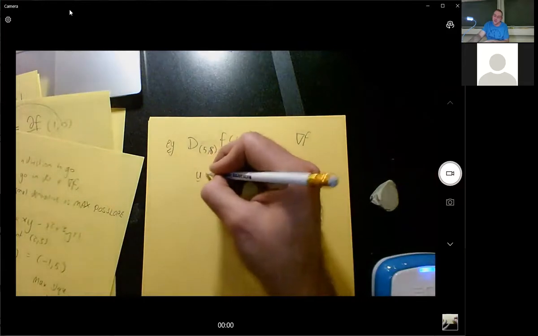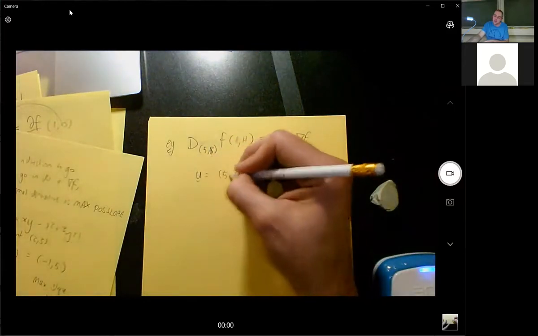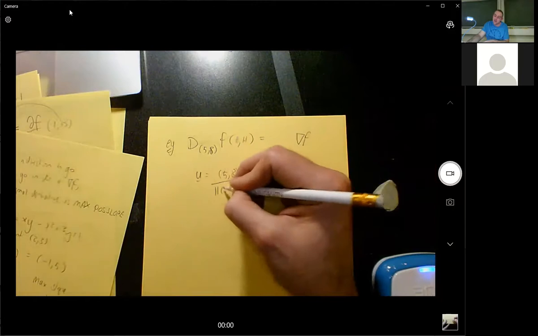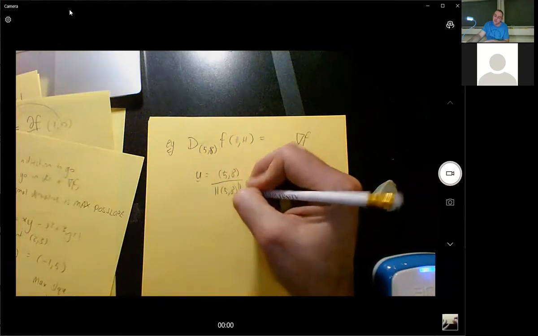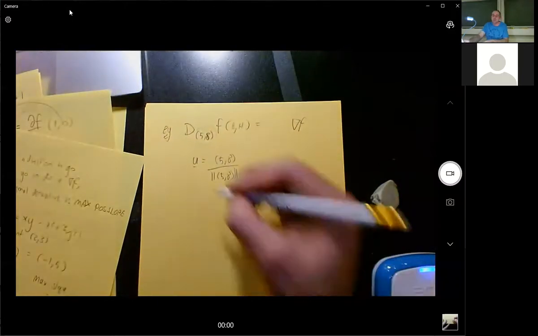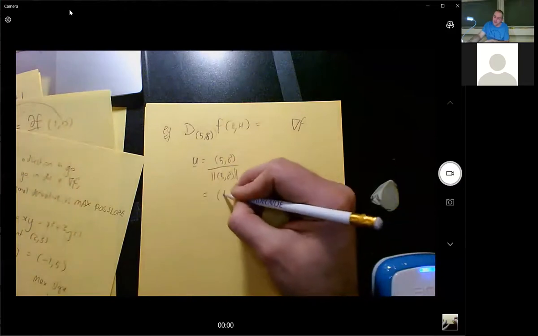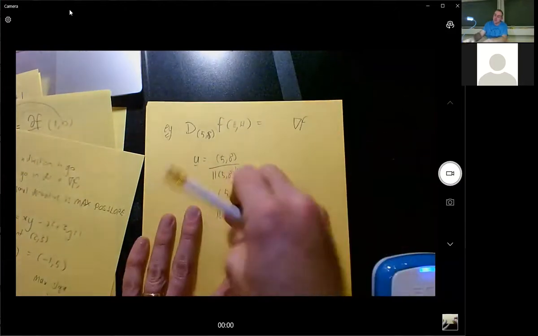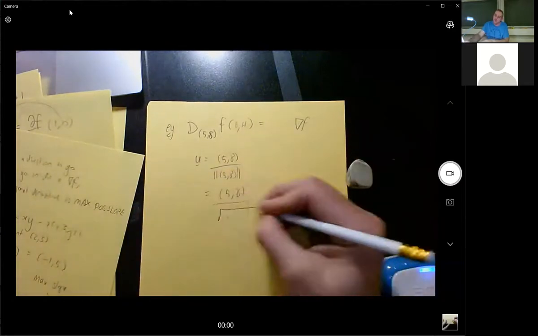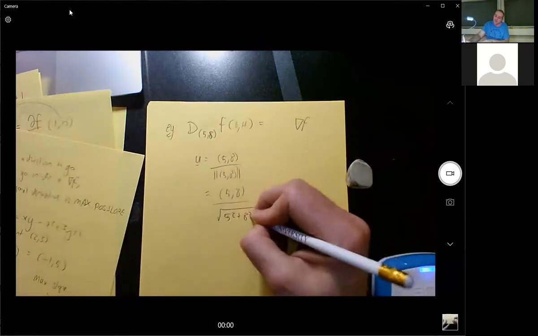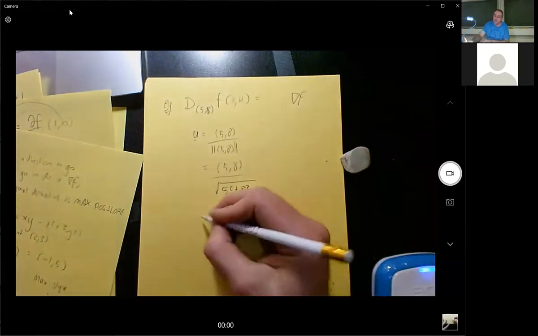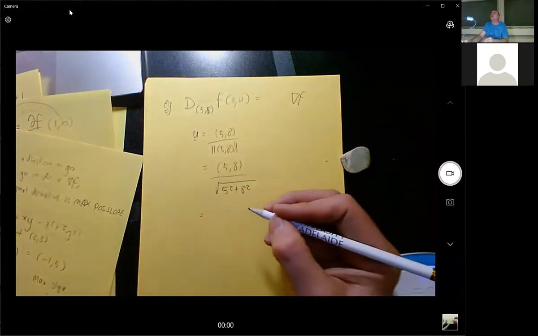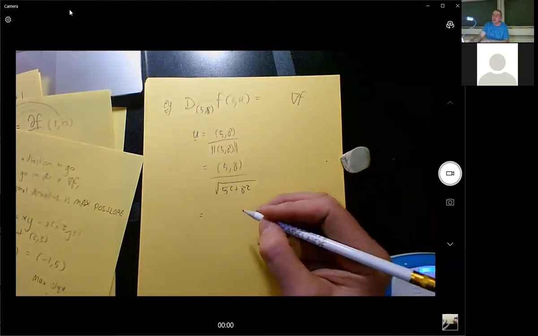So my unit vector is going to be this vector divided by its length. And that length is, well, the square root of 5 squared plus 8 squared, which is a terrible number. I don't know what that is. 64 plus 25 would be 89.